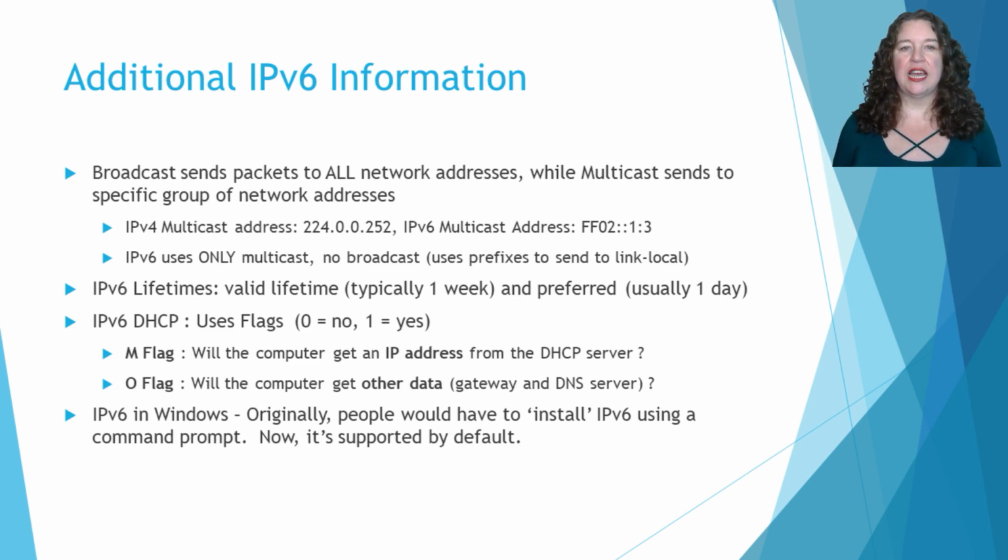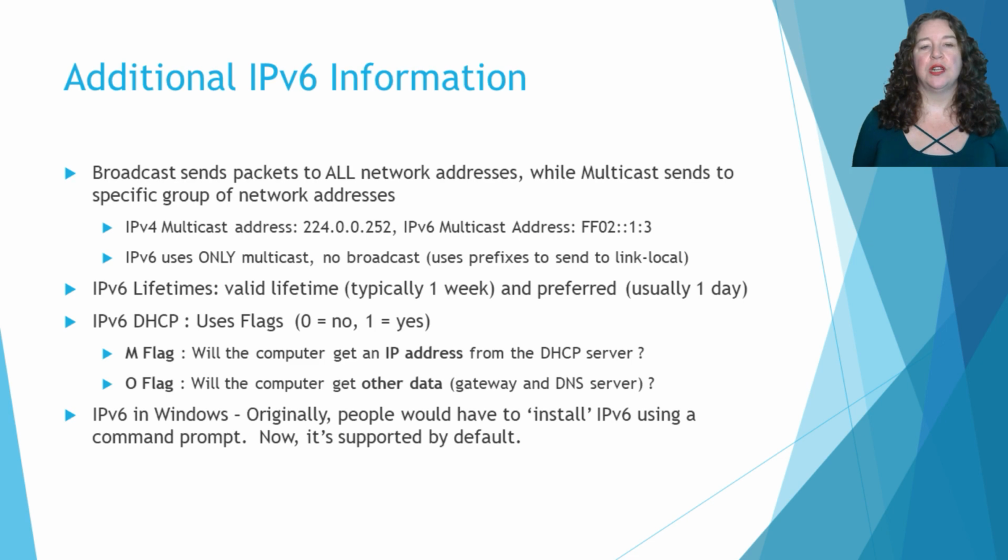That's the multicast address to send to specific addresses. IPv6 only actually uses multicast because it uses specific prefixes to do unicast or broadcast. So there is no broadcast in IPv6. We just use a multicast that tells us with that prefix what we're going to do.